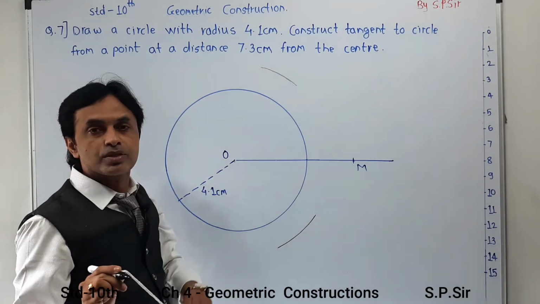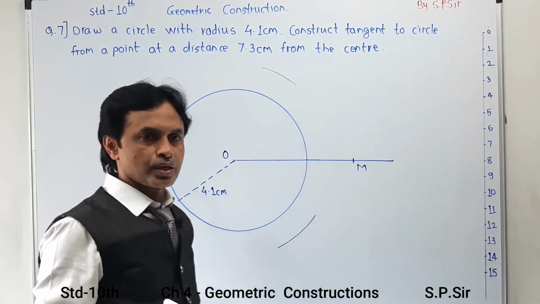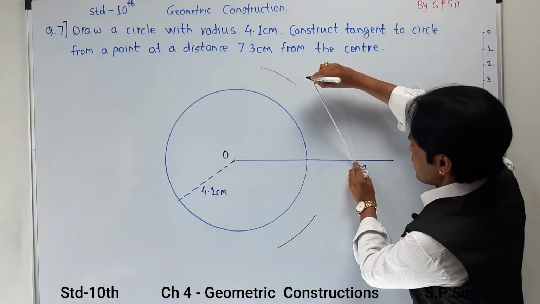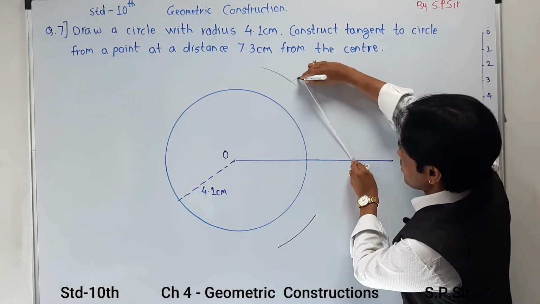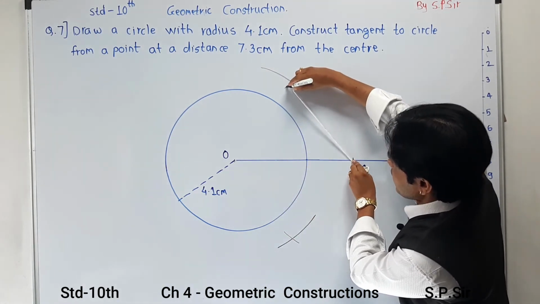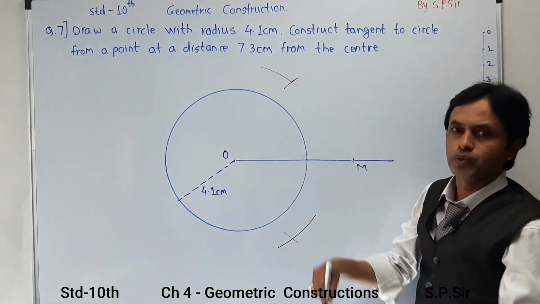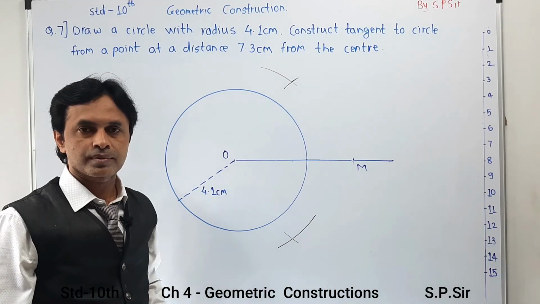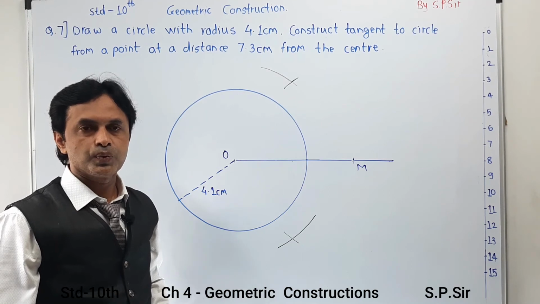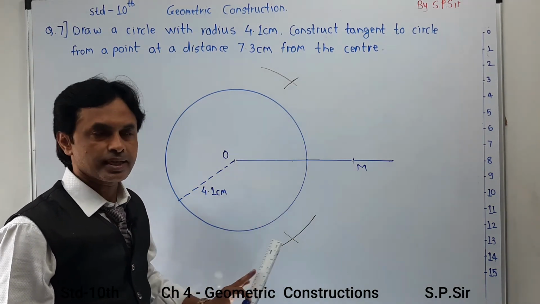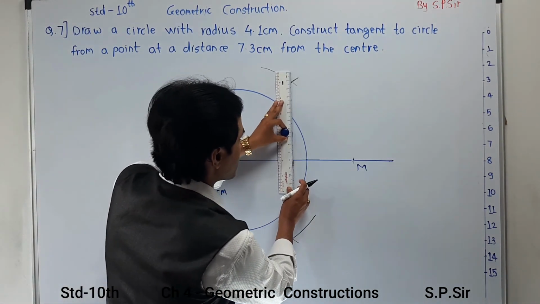Now keeping the same distance, you have to make the markings from M: one mark upstairs and a second mark downstairs. In this way you complete the two markings. Now with the help of a scale, you have to draw a line passing through your first marking and second marking.